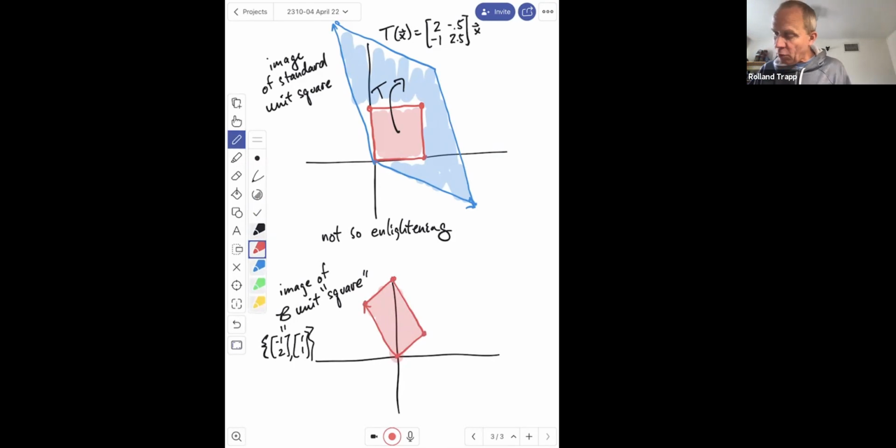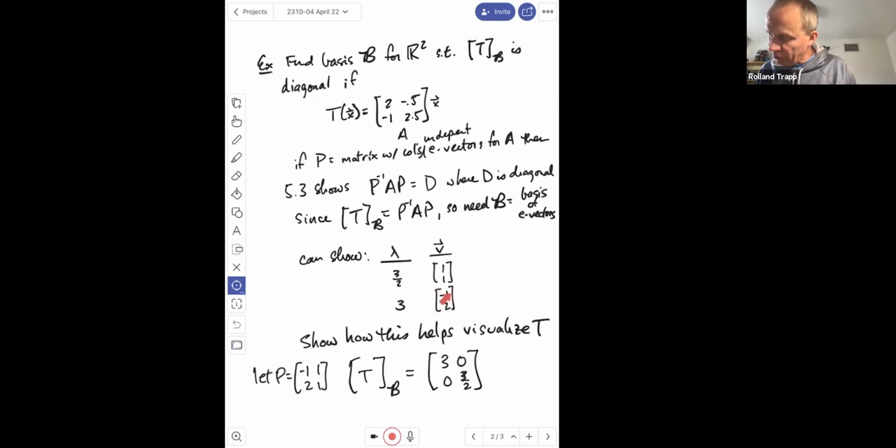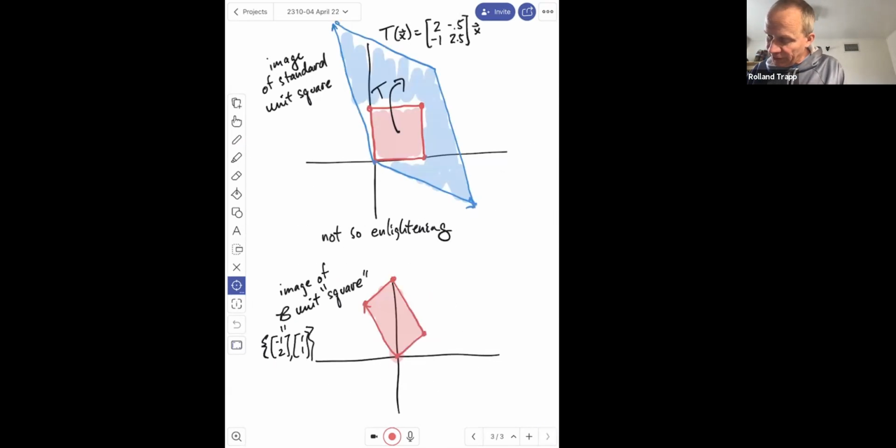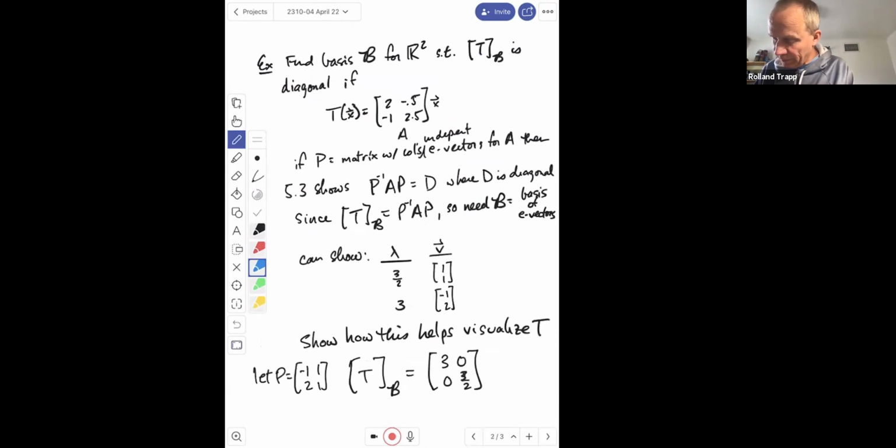And now I want to know what its image is. The advantage to looking at the B unit square is we know what the transformation does to -1, 2. -1, 2 was an eigenvector with eigenvalue 3. So that just stretches it 3 units. It's exactly the same direction, just 3 times as long. Same with 1, 1. 1, 1 we found was an eigenvector with eigenvalue 3 halves.